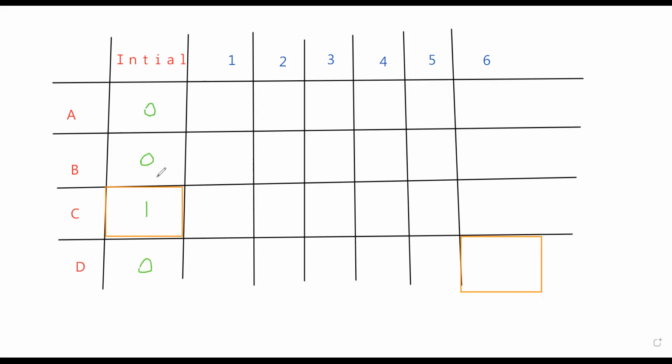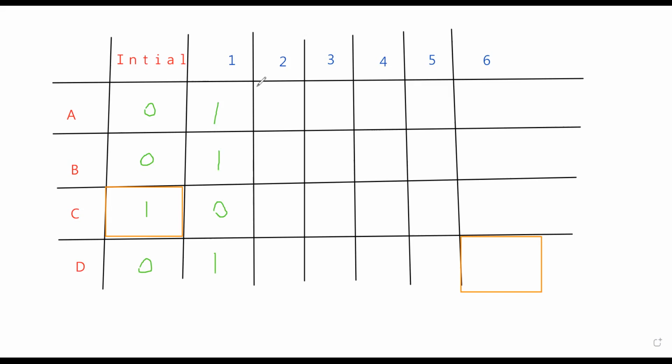So after the first passing, we know that C can pass to A, C can pass to B, but C cannot pass to itself. So there's no possibility that after the first passing it will go to C. And then C can pass to D. So there's also one chance. Now the second passing is what concerns us.